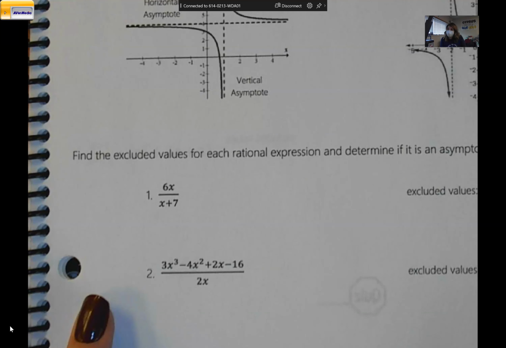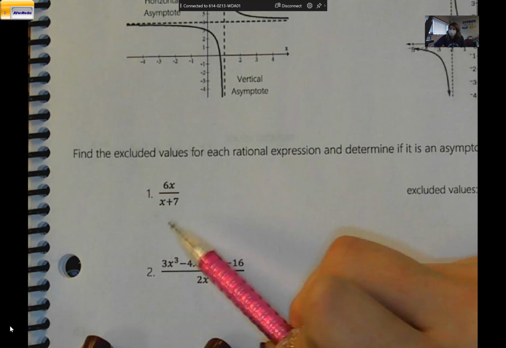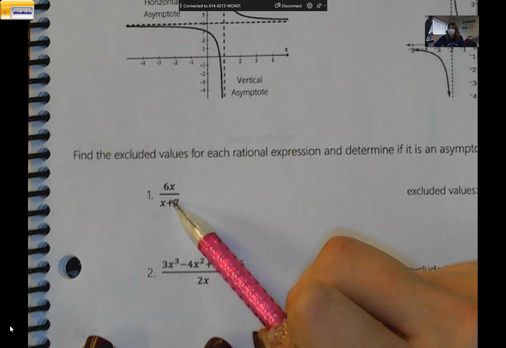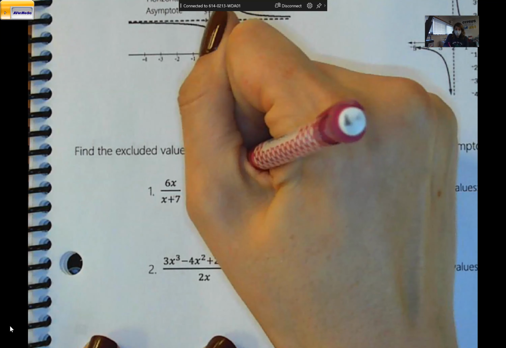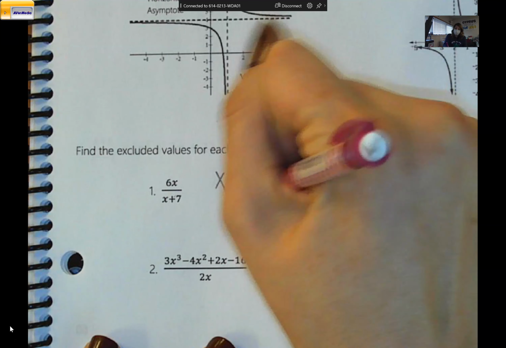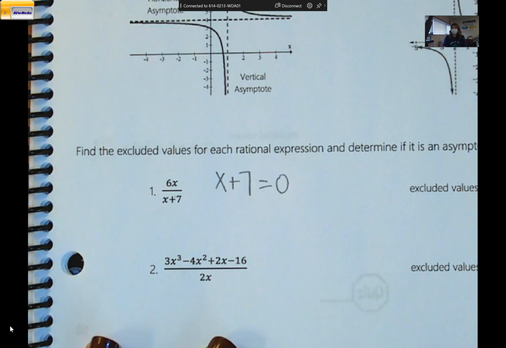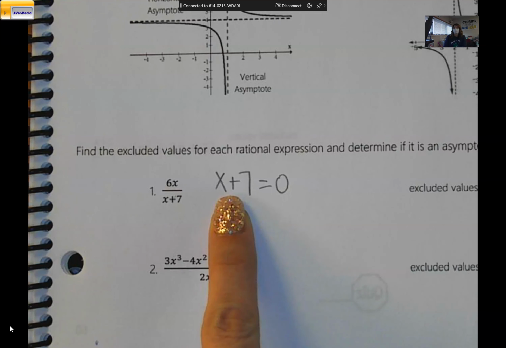So essentially the question they're asking is, what values of x will make our denominator 0? So how you decide that is you say, okay, our denominator is x plus 7. What will make that 0? Well, you guys know if you have an x plus 7, what is x then?